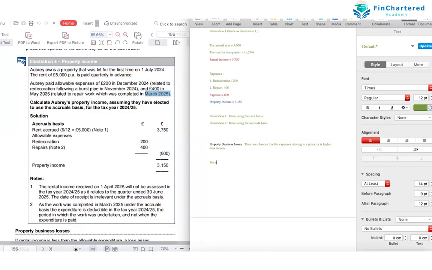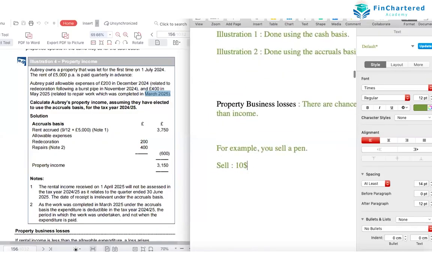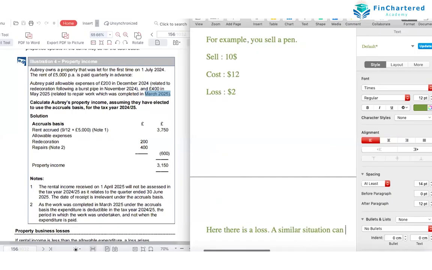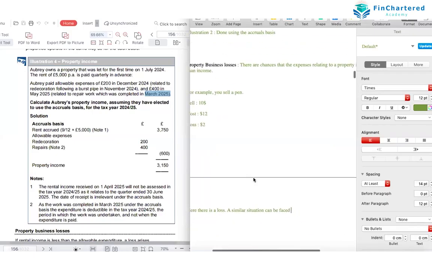For example, when you sell a pen, if the selling price is 10, but the cost is 12, there is a loss of how much? 2. There's a loss of 2. A similar situation can be faced when dealing with property.